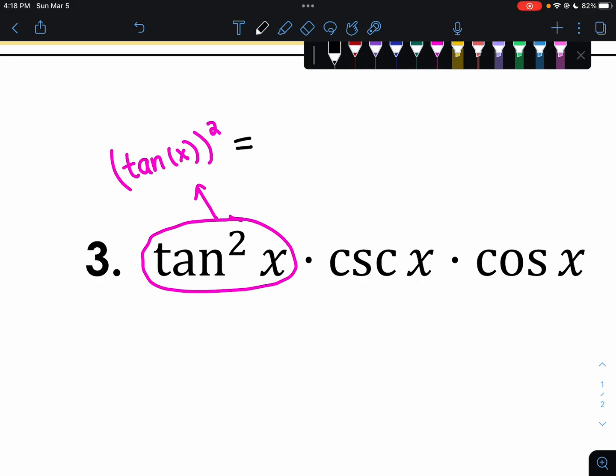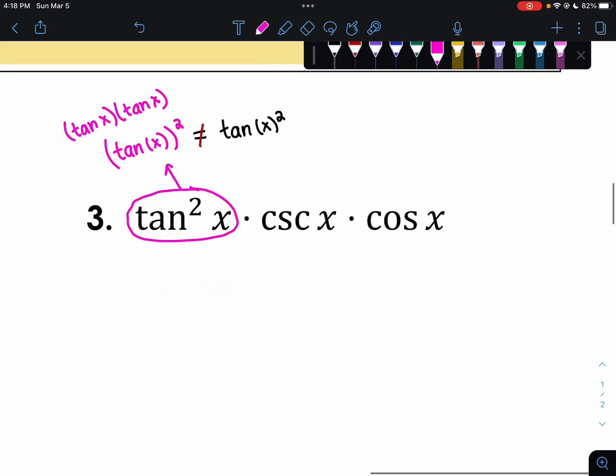This is not the same as tangent x squared. Okay, those are two different things. And then another thing is that tangent x squared or tangent squared x can be rewritten as tangent x times tangent x. Okay, so the whole thing is being squared, not the variable.